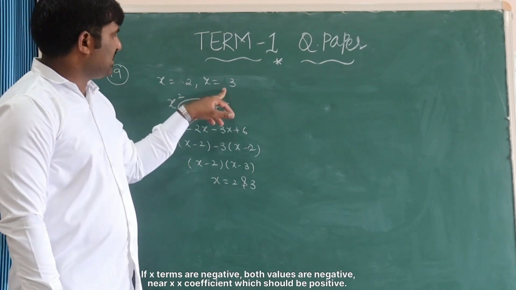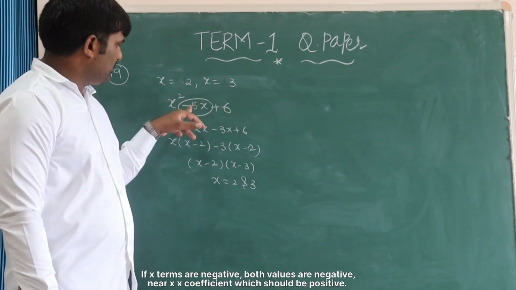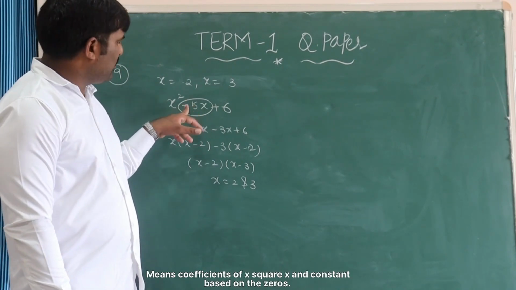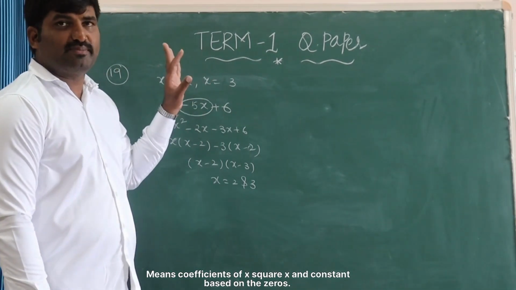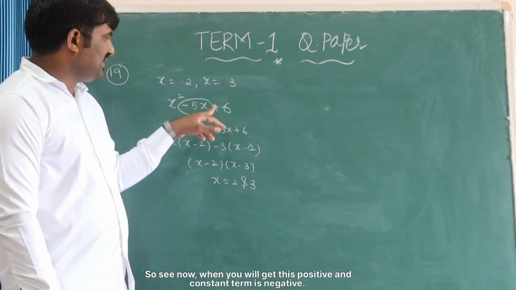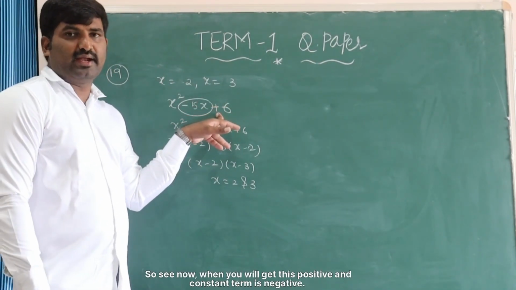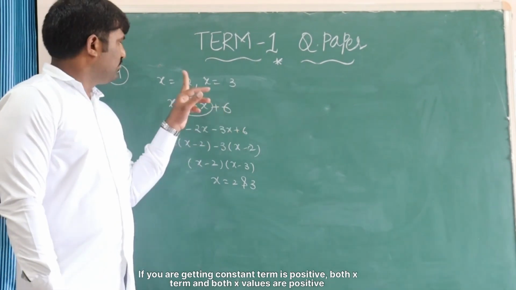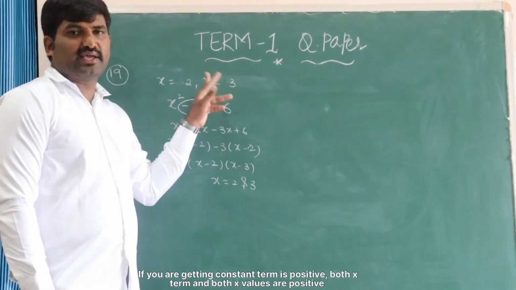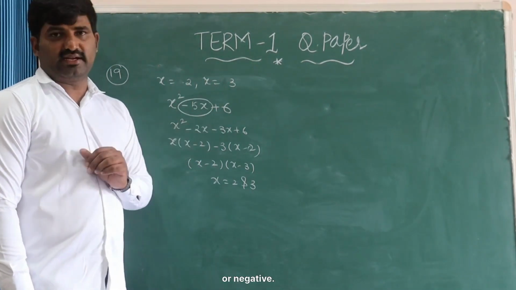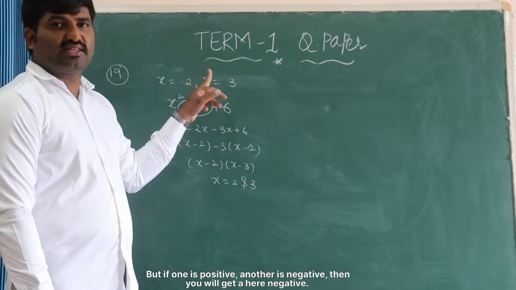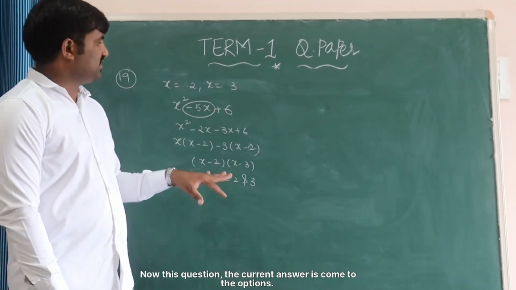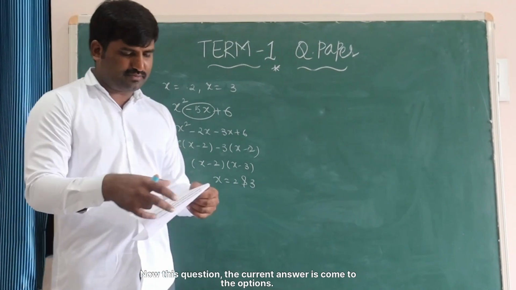If both the values are negative, the x coefficient should be positive. This means the coefficients of x square, x and the constant depend on the zeros. If the constant term is positive, both x values are positive or both negative. But if one is positive and the other is negative, then you will get negative here. For this question, the correct answer is, come to the options.